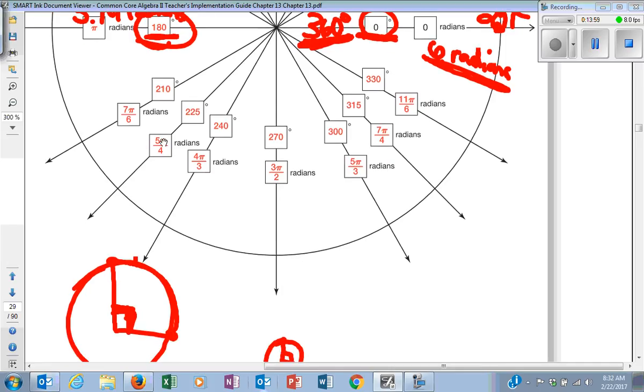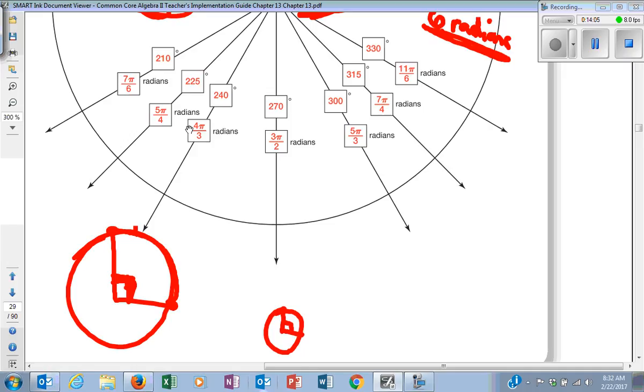And 15 divided by 4, get kind of close, because 4 times 4 is, so watch this one. 4 times 3 is 12, and 12 divided by 3 is 4. So isn't this one really close to 4? So I know it's going to be a little less than 240. We making sense on this estimation part?